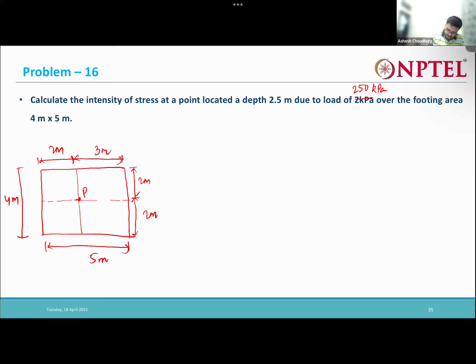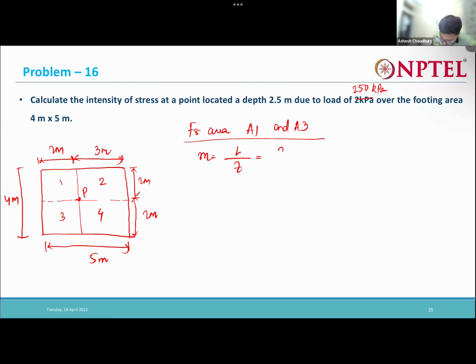Now let us give some names to these areas: 1, 2, 3, 4. For areas A1 and A3, M is L by Z. L here is 2, Z is 2.5, so 0.80, and N is B by Z, also 2 by 2.5, equal to 0.8.